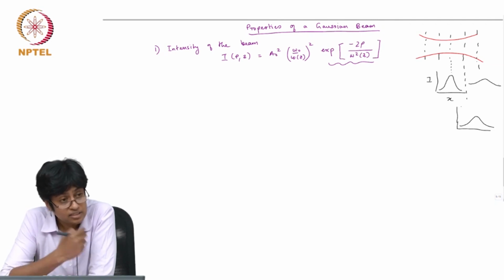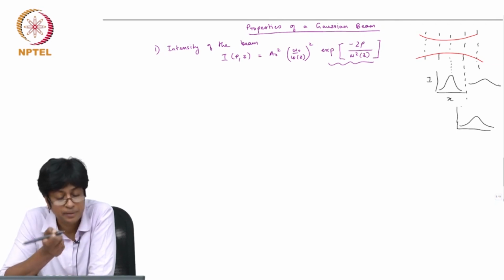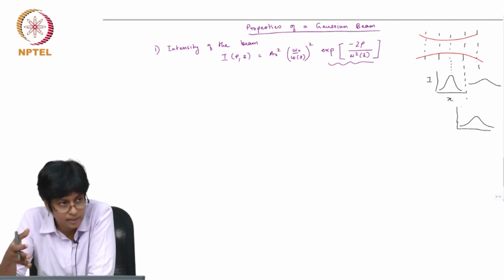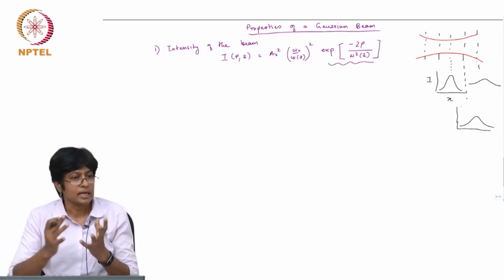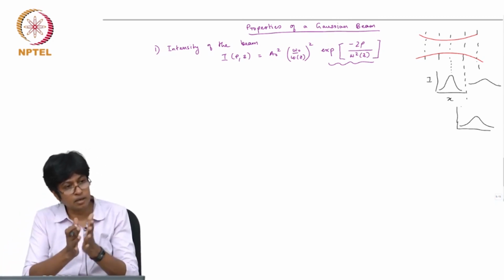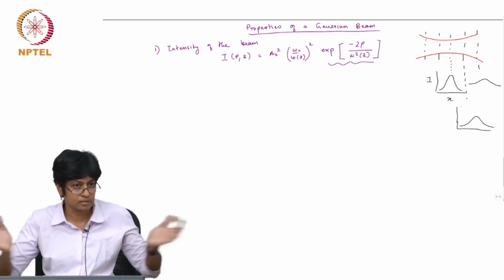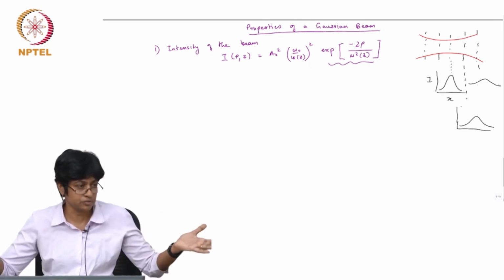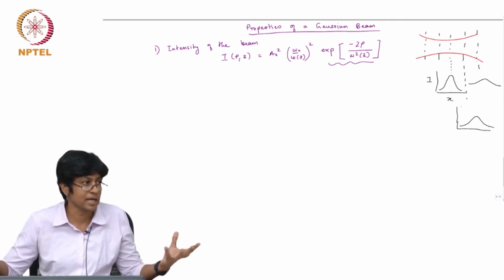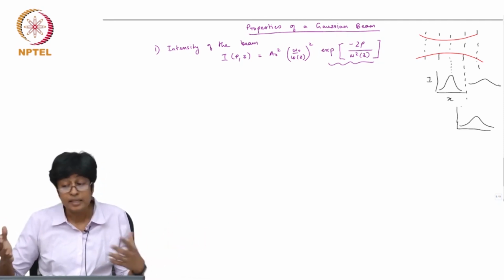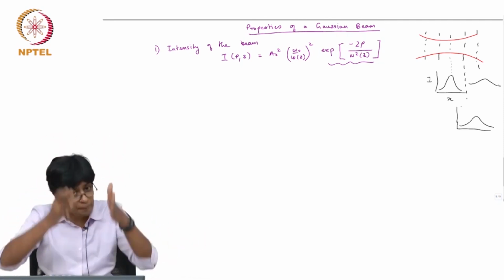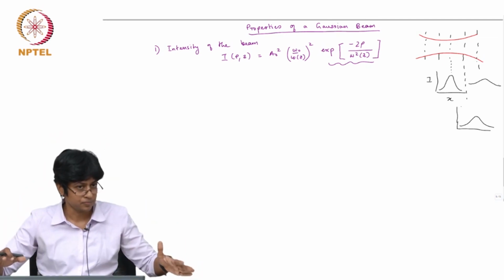Remember, we started this whole discussion on the Gaussian beam by saying the plane wave isn't a practical wave because its wavefront spreads out to infinity in cross section, which could only be true if it had infinite energy. The Gaussian beam, as you can see, rapidly falls, right?